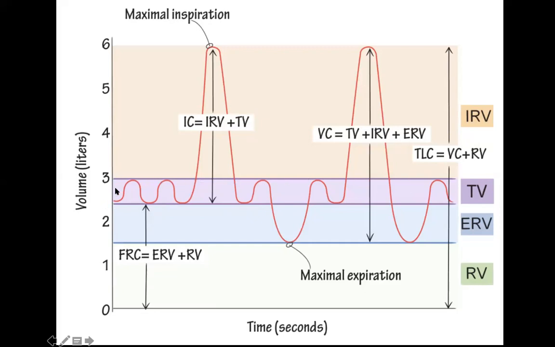So 2.5 to 3 is only a 500 ml difference. So that's the line you draw. And then you start tracing your breath as you go along. When you take a normal inspiration and normal expiration, draw these. Draw a couple of loops of normal inspiration, normal expiration.